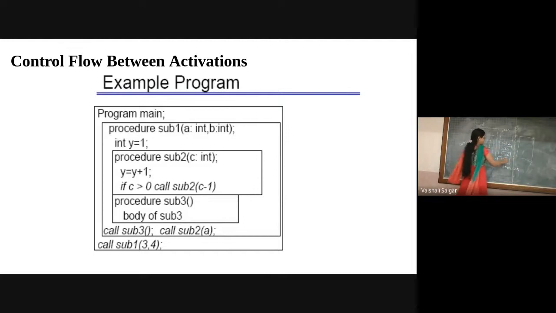So from main, it is calling sub 1. Now, from sub 1, it is calling sub 3. From sub 3, it is calling sub 2. Am I right? So this is called static pointer allocation, or it is also referred to as a static link or access link.